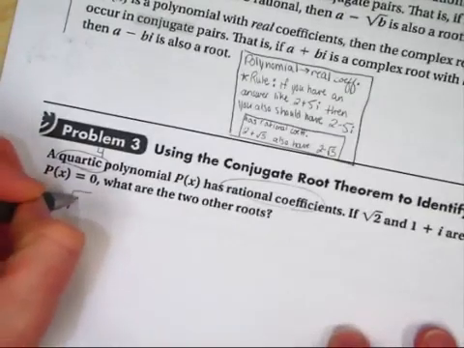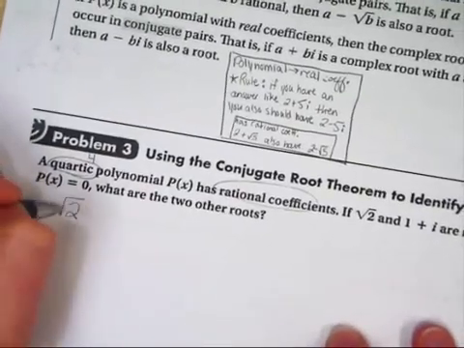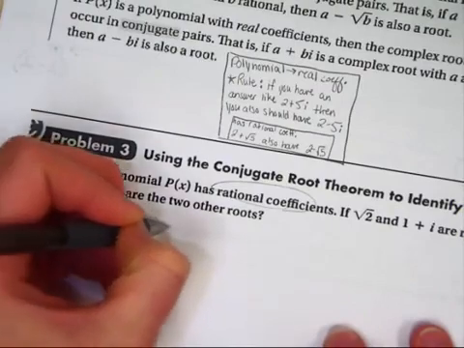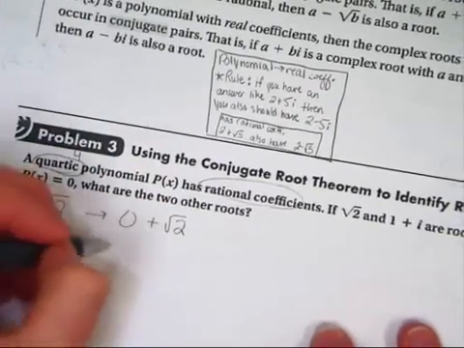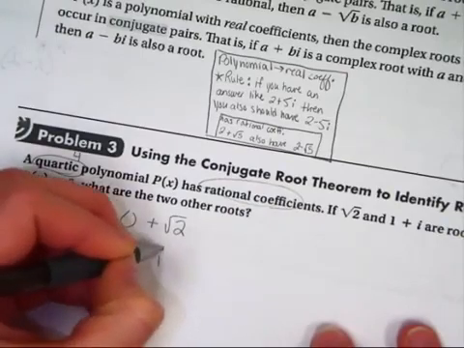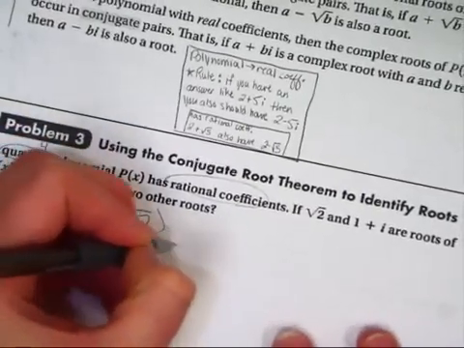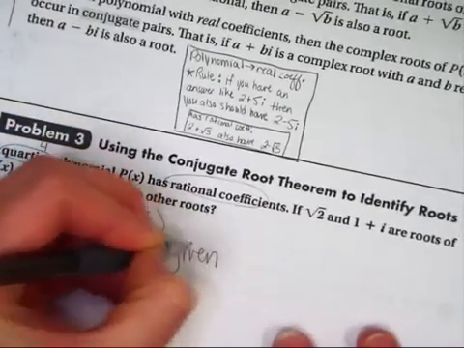So if the square root of 2 is an answer, I hope you understand that's the same thing as 0 plus the square root of 2, right? And we also have 1 plus i. These are the given roots.